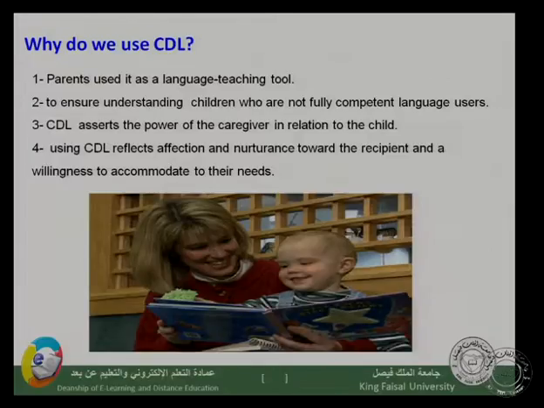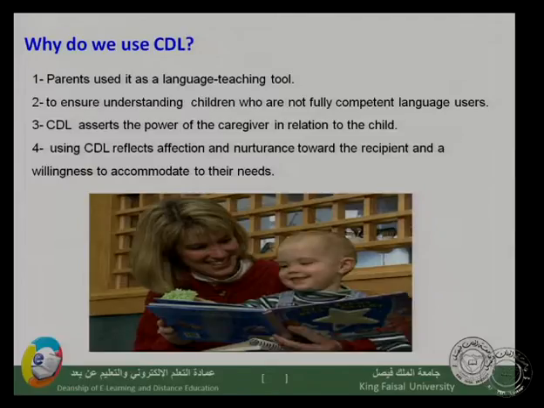So you try to teach your child specific points, and you tend to use this style of language, which we call child-directed language. So parents tend to use this language as a tool for educating their children. We also use CDL to ensure understanding by children who are not fully competent language users.